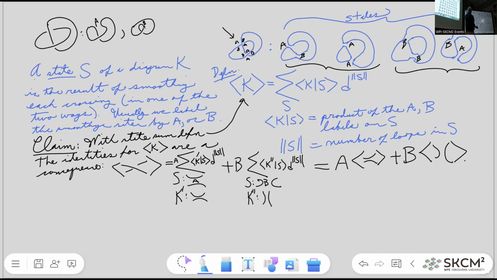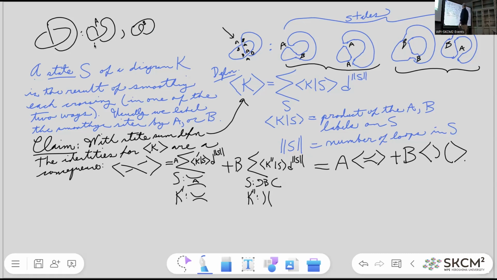I'm saying I could consider all the states, but then there are those states that have an A smoothing there, and then these can go one way or the other, and that's these two, right? So what I'm looking at here is actually the state expansion of this guy. And what I'm looking at over here is the state expansion of the other guy.